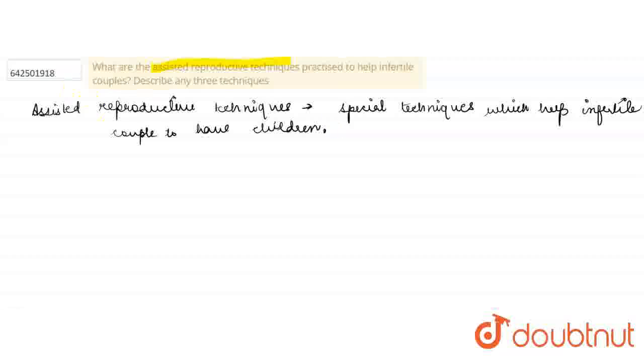Now, there are various ARTs being used in today's scenario, and we have to discuss three.